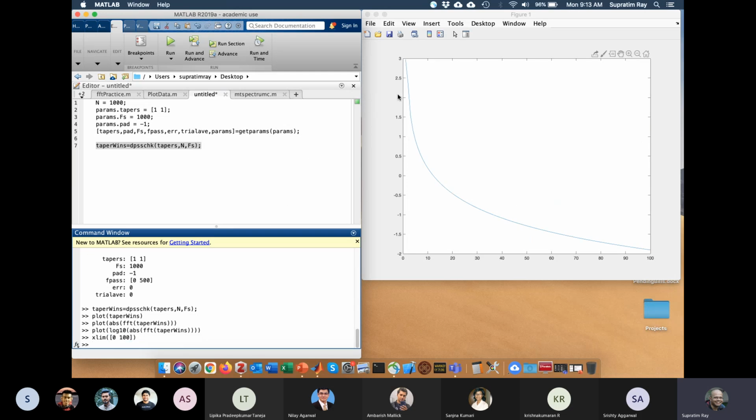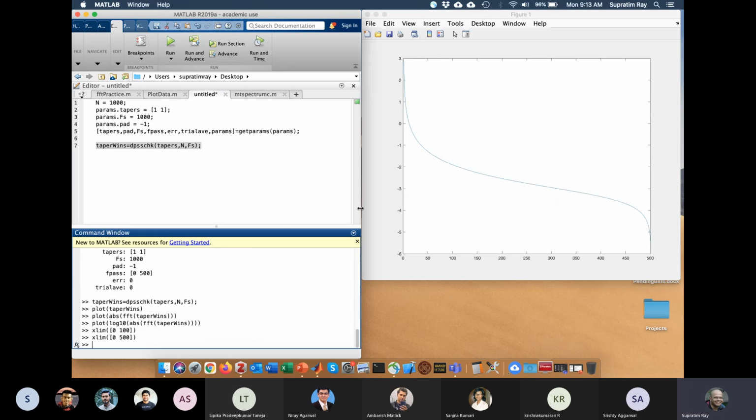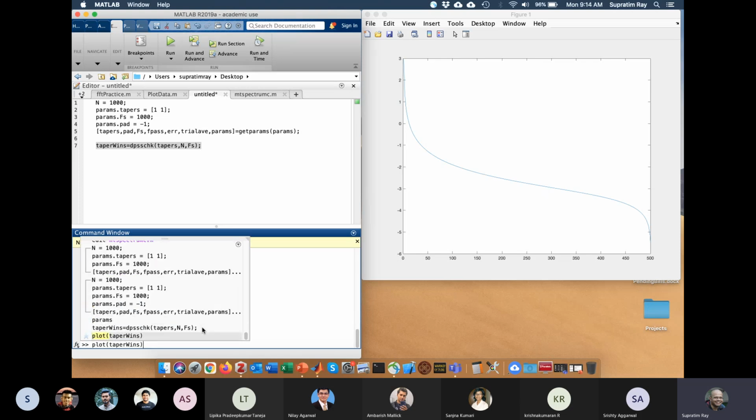So the window here, the main lobe, and then there is some sort of side lobe. It's hard to see it in this kind of a plot. So I'm going to increase now the number of tapers, and then you can see it a little bit better. Okay, so this is my 0 to 500 hertz. This is frequency for a window which looks like this.